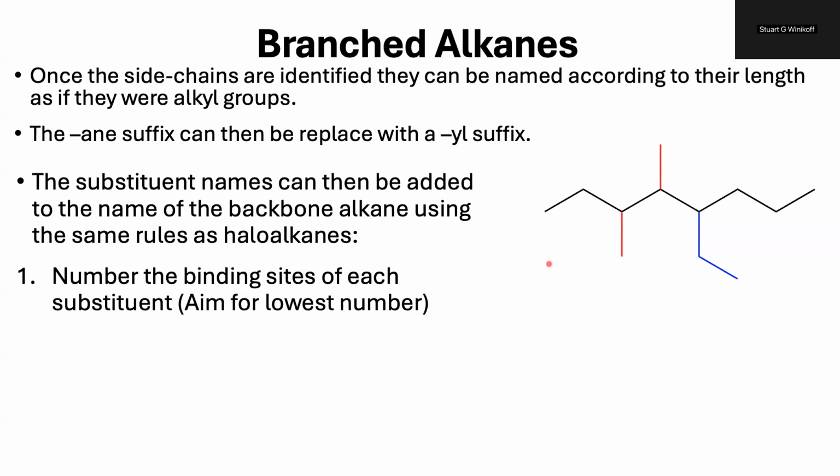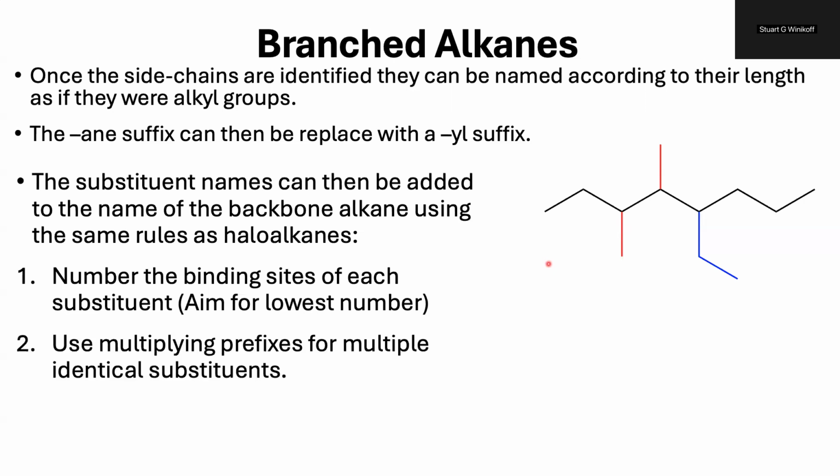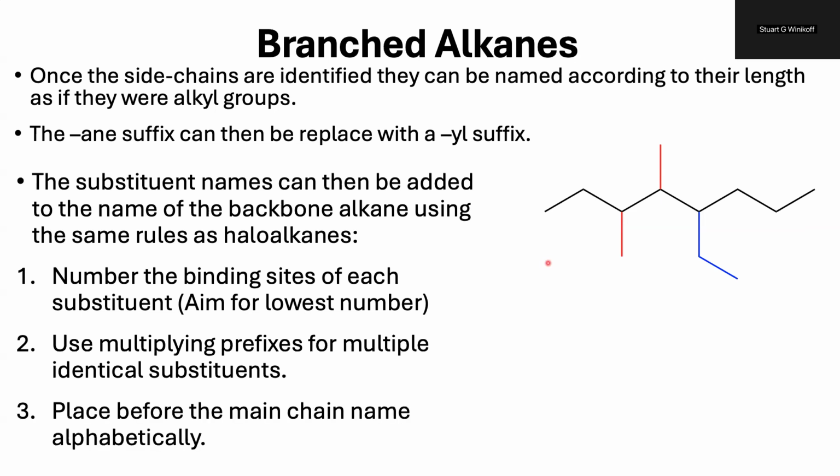Just as before, we number the binding sites of each substituent, aiming to keep these numbers as low as possible, and use multiplying prefixes if I have multiple identical substituents. Then we place each of them alphabetically before the main chain, with binding sites separated by commas and hyphens.